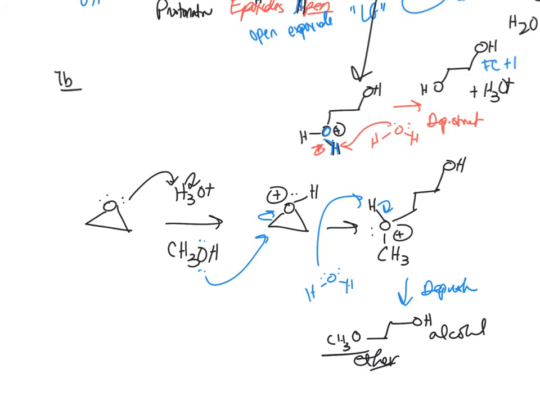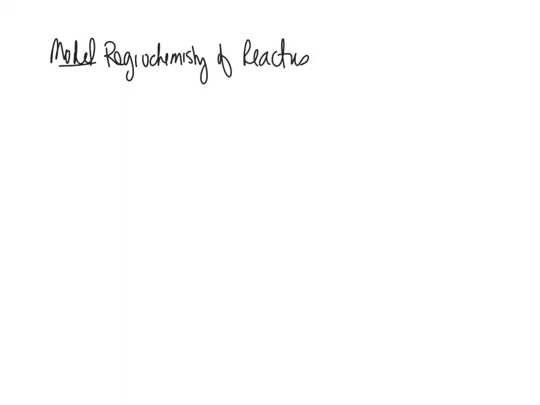Let's do model 3. So model 3 is very important. You're going to be talking about the regiochemistry of reactions with unsymmetrical epoxides. If you have an unsymmetrical epoxide, then you need to really pay attention to the regiochemistry.